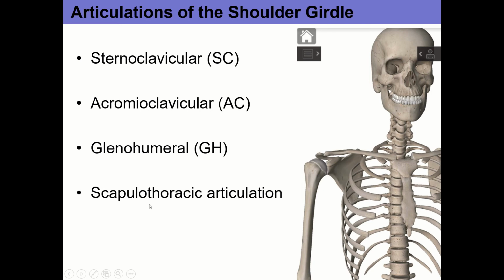The last one on there, the scapulothoracic articulation, describes the interaction of the scapula with the chest wall. Remember that we talked about the thoracic cavity, that's everything inside of your rib cage. Your thorax is basically your rib cage. So the scapulothoracic articulation describes the interaction between the scapula and the rib cage. However, I labeled it specifically as an articulation, and some anatomy books do this, to indicate that you don't have one bone directly touching another.